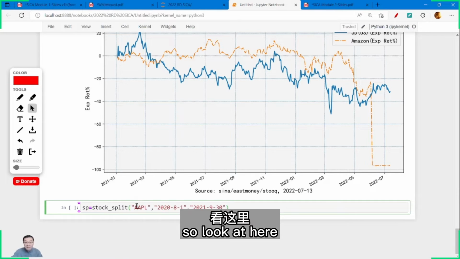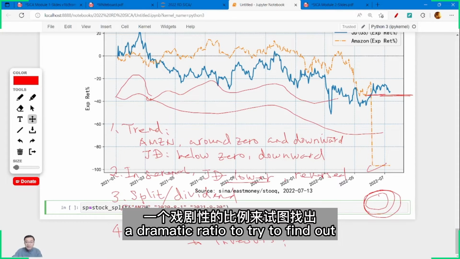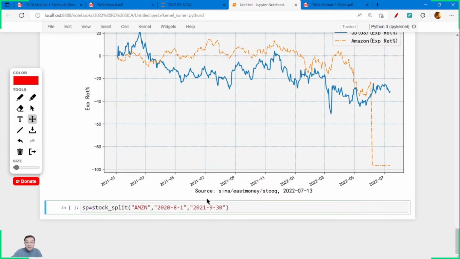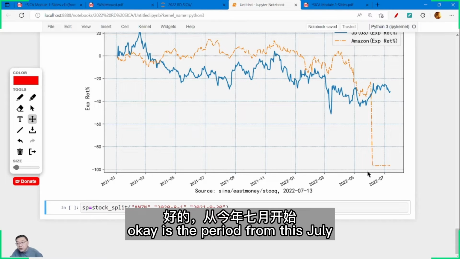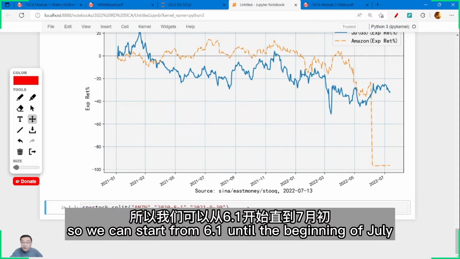Let's try to find out. Here, Amazon, AMZN. And what is the period? Okay, it's the period from May to July. Probably it happens in June, right? Not sure. So we can start from June the 1st until the beginning of July.